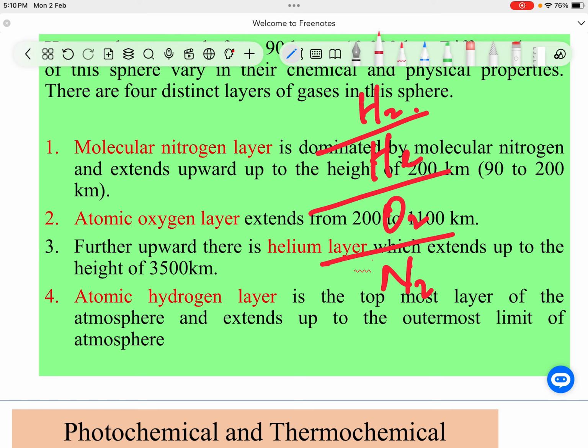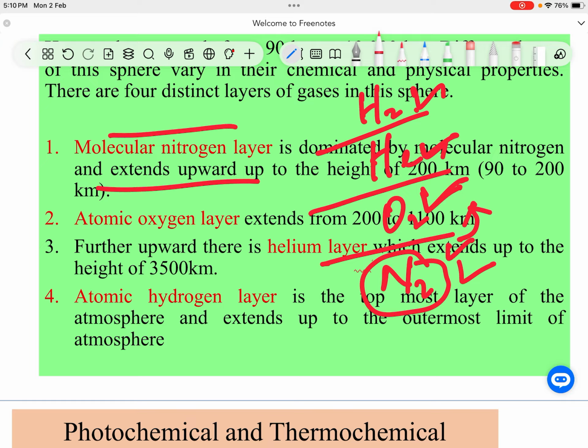This is because the heavier the molecular layer, the lower place it will occupy. As we move upward, oxygen is lighter than nitrogen, helium is lighter than oxygen, and hydrogen is lighter than helium. Therefore they occupy the atmosphere in this sequence, starting from nitrogen, the heaviest, followed by oxygen, then helium and hydrogen.